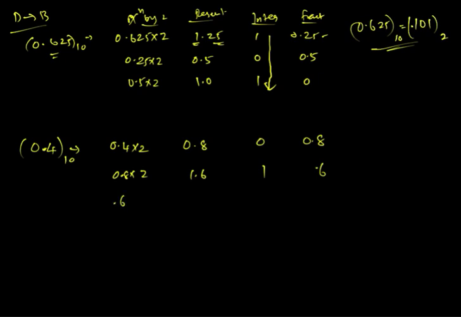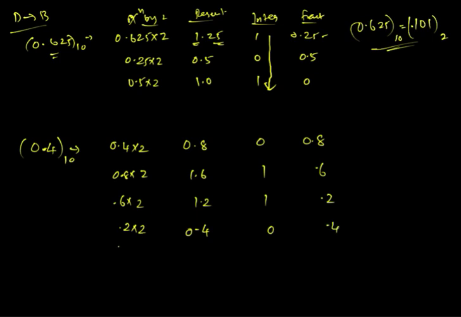Now multiply 0.6 by 2, we get 1.2, the integer part is 1 and the fractional part is 0.2. Now multiply 0.2 by 2, we get 0.4, the integer part is 0 and the fractional part is 0.4.